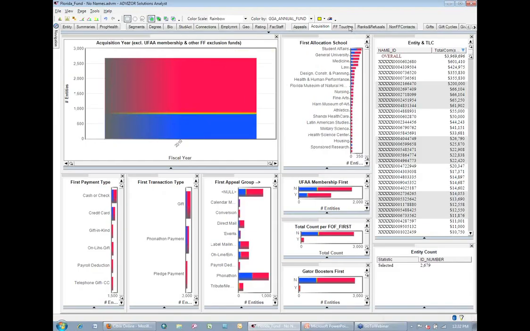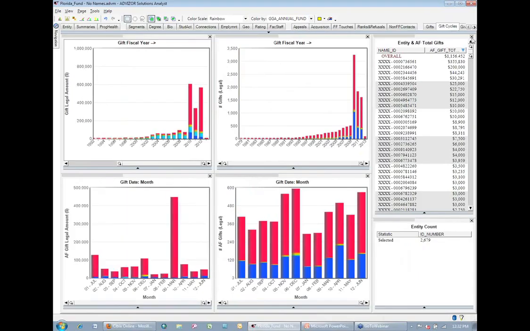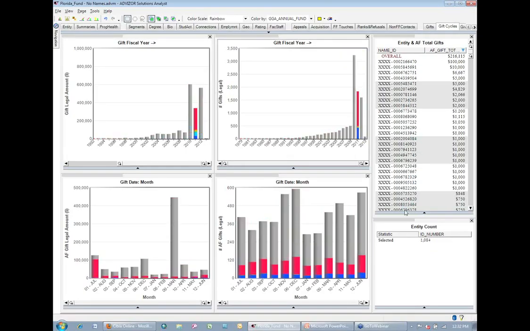And then I'm going to look over here in my gift cycle section, and this shows me how many gifts were given in that year by these 2,679 people who were acquired. And obviously the biggest line is that 2010 year when they joined. But now let me see how many of those people were retained in 2011. So it looks like 1,084 were retained of the, let's see, what did I say that was?